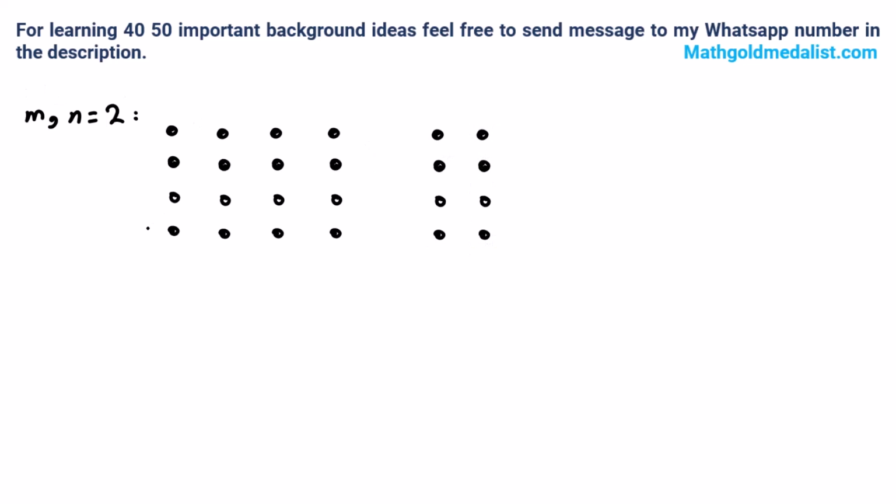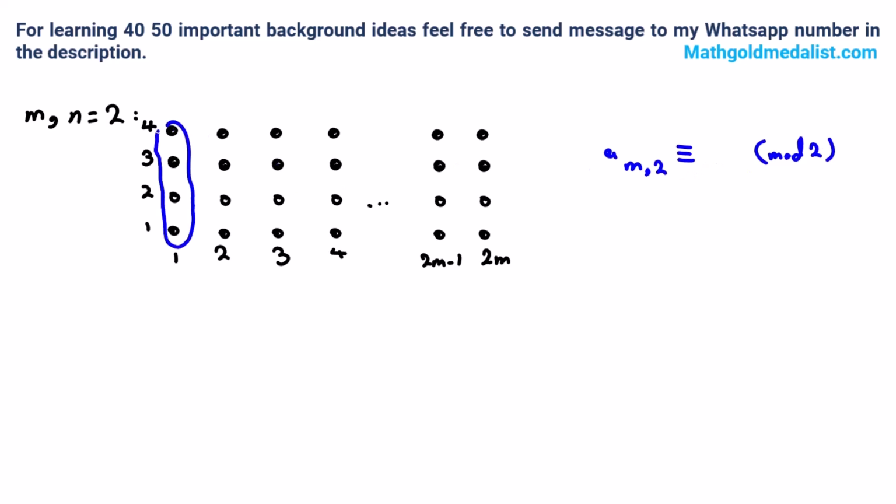So 1, 2, 3, 4, 4 rows, and how many columns? 1, 2, 3, 4, all the way to 2m, and here 2m minus 1. Okay, so for this part, we want to calculate A(m,2). And we can say we want to calculate mod 2 because we want to see only whether it is odd or even. So let's consider the first column.